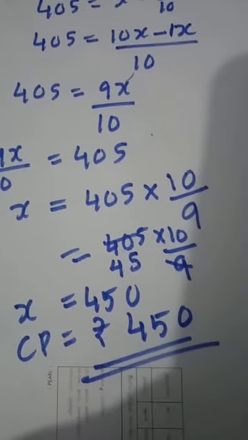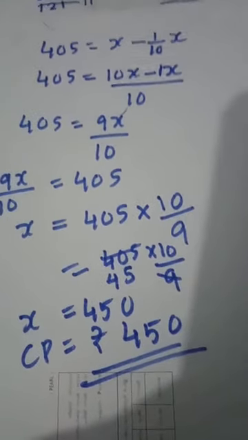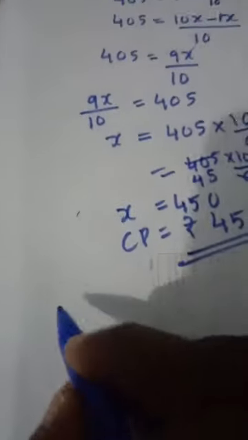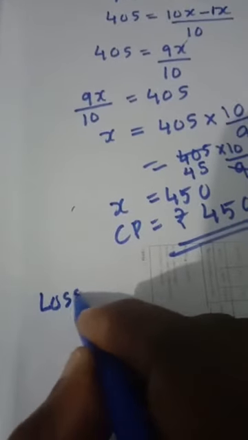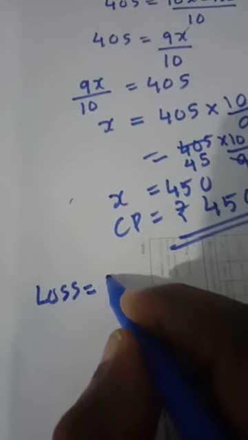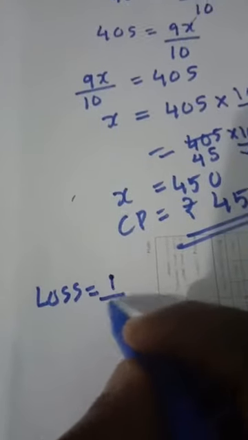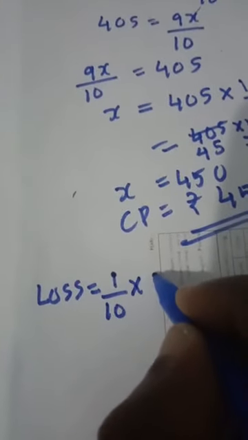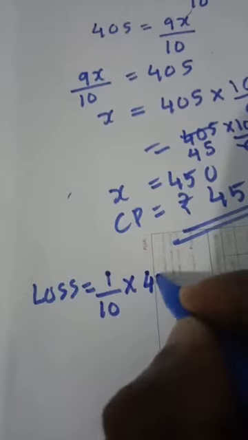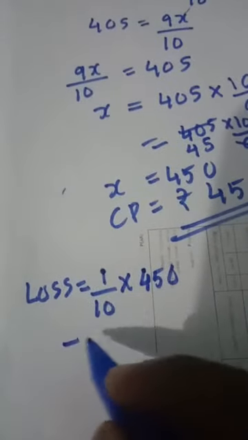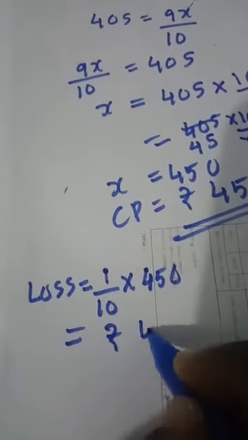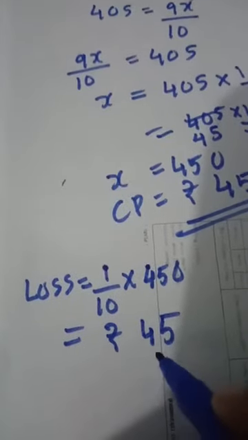Okay, now one more thing: loss percentage. How to find loss percentage? Before that, we want to find loss. Loss is equal to 1 by 10 of CP, and CP is 450, so the 0 gets cancelled, giving rupees 45. Loss is equal to 45.